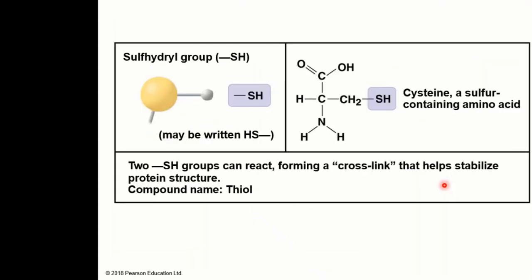Then the sulfhydryl group, SH, an example of which is cysteine, a sulfur-containing amino acid. The sulfhydryl groups can react to form cross-links, which help stabilize protein structure.